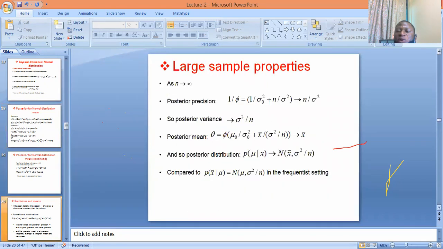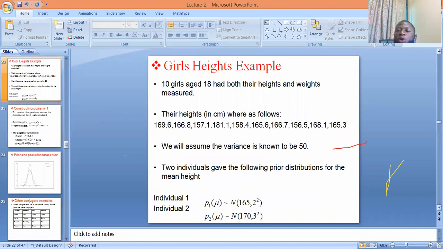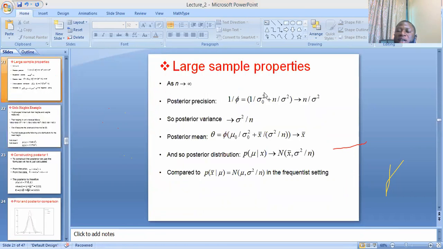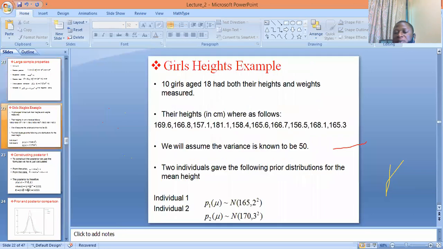So now let's move on. We know our mean and variance of the posterior distribution, and this is just more simplification of that. Let's see how we apply this. Now let's consider data on girls' height. 10 girls, age 18, had both their height and weight measured.